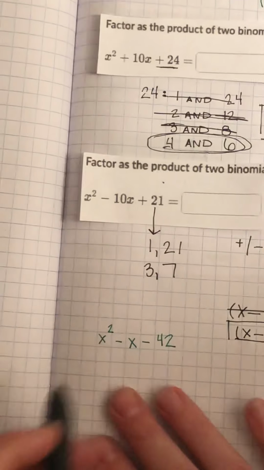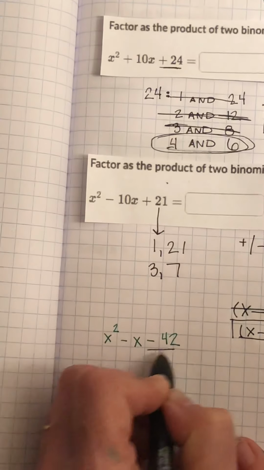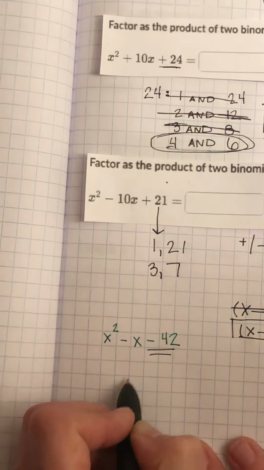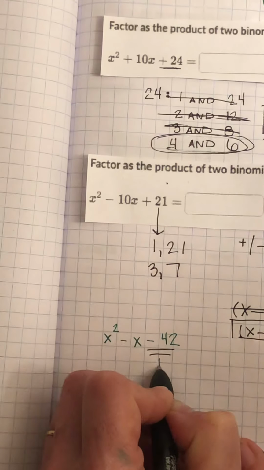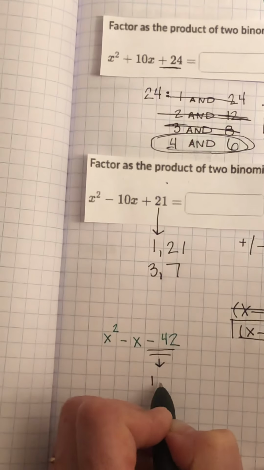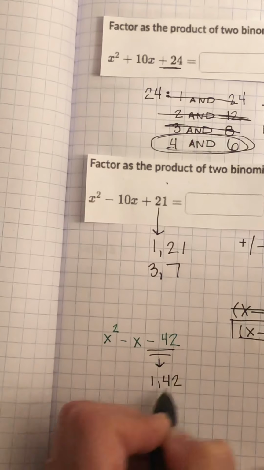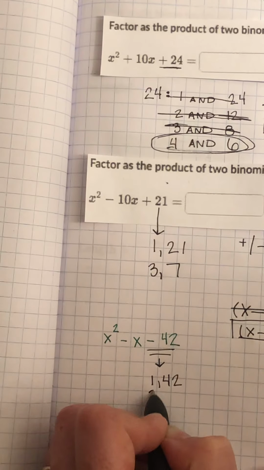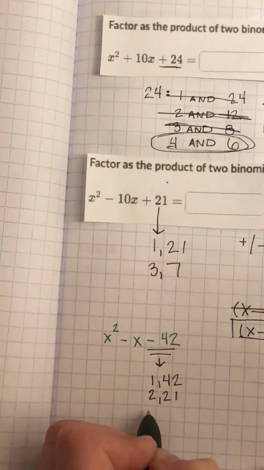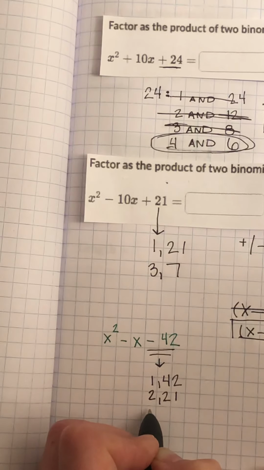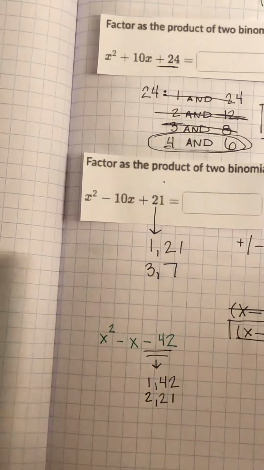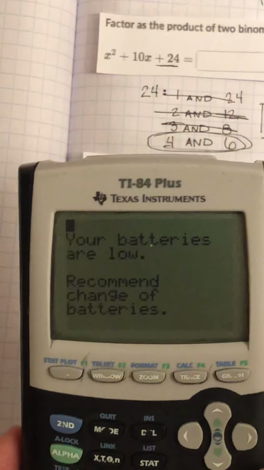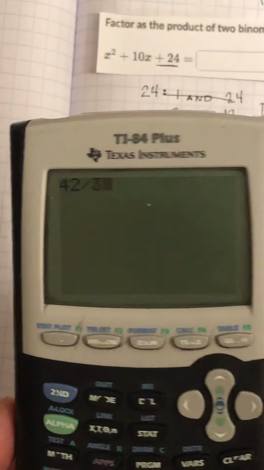Okay. This one, multiply to give me 42. It's going to be a negative 42, but I'm not going to worry about that. So 42 will be 1 and 42. 2 and 21. 3, I don't know. Does 3 go into 42? 42 divided by 3.